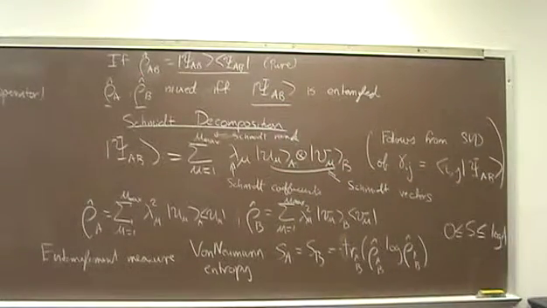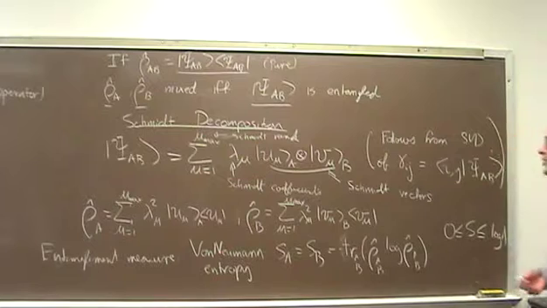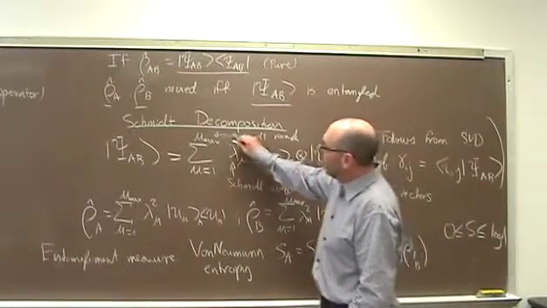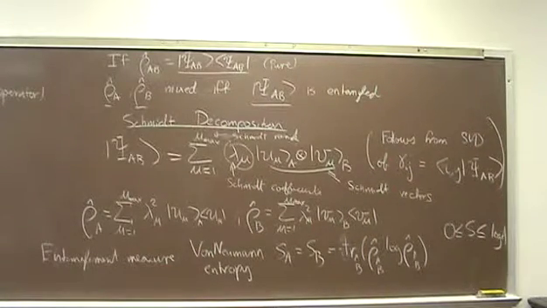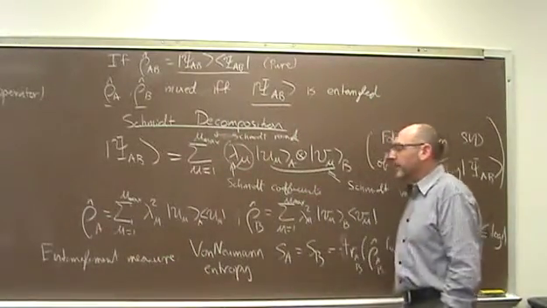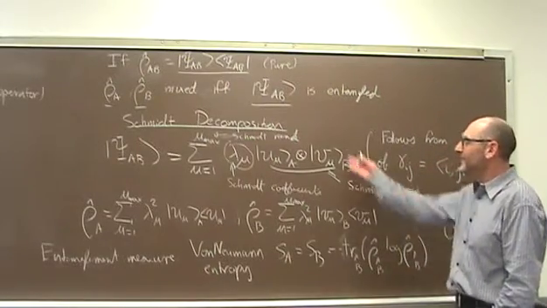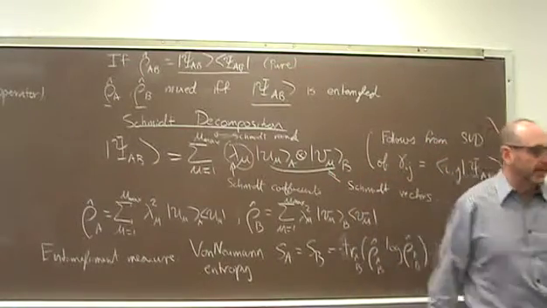And a coarse way of saying how much entanglement is to ask, what is the Schmidt rank? But a more precise way of quantifying the amount of entanglement in the system is to look at the entropy of the probability distribution in the Schmidt basis. And in particular, if we marginalize and look at the marginal states, or the reduced density operators for the two subsystems, then this Schmidt decomposition takes on additional meaning.